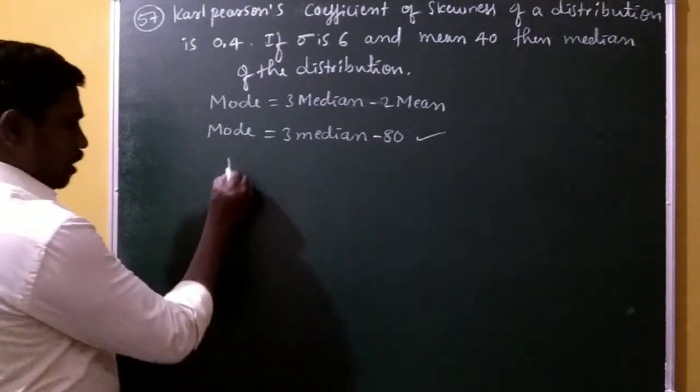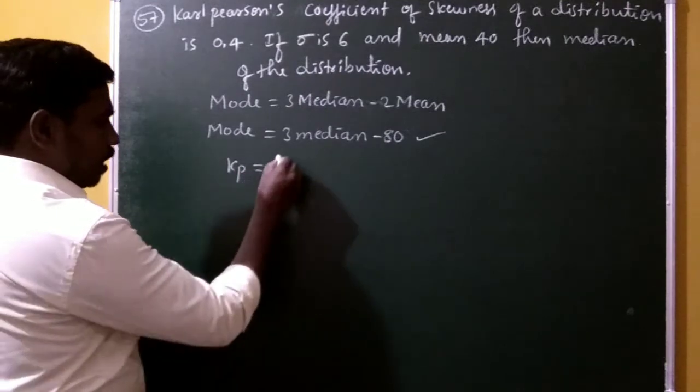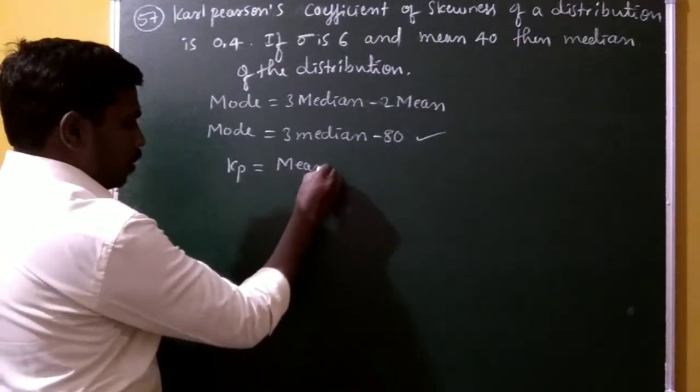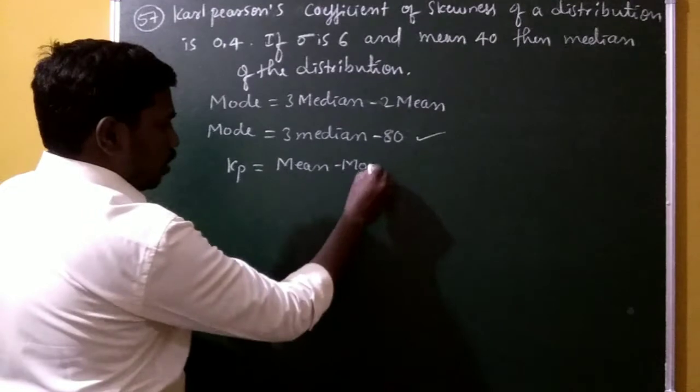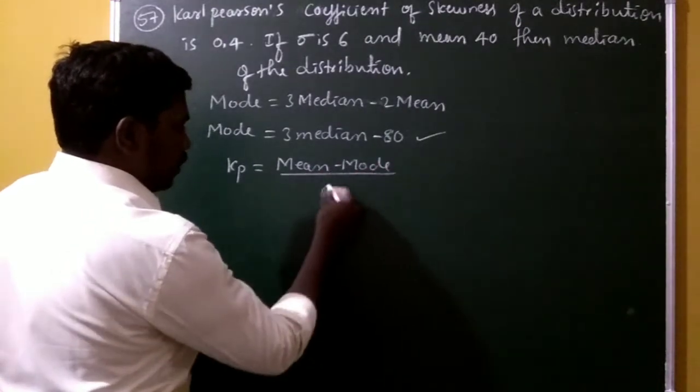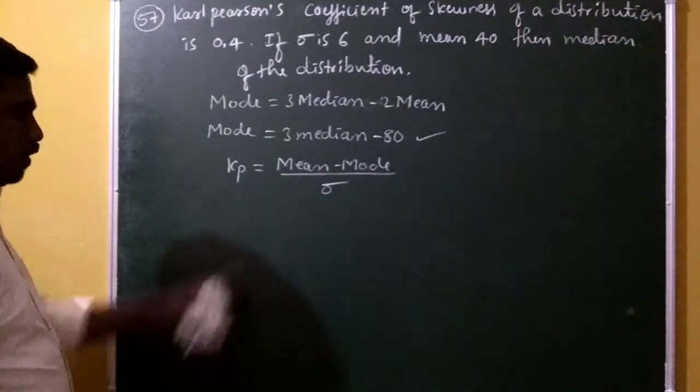The Karl Pearson coefficient is defined as mean minus mode divided by standard deviation.